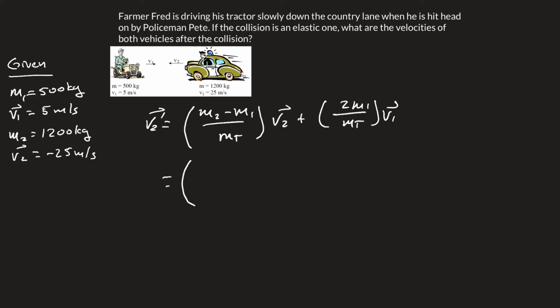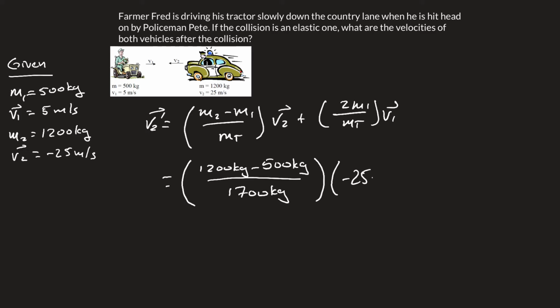By substituting in our values, we end up with 1200 kilograms minus 500 kilograms divided by 1700 kilograms times v2, which again, don't forget, is negative 25 meters per second, plus 2 times 500 kilograms divided by 1700 kilograms, all times 5 meters per second.